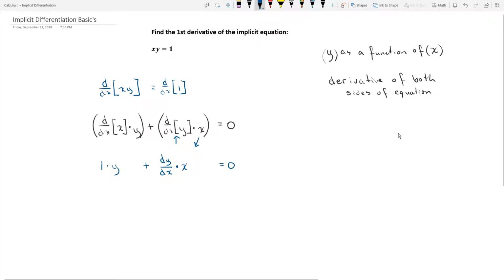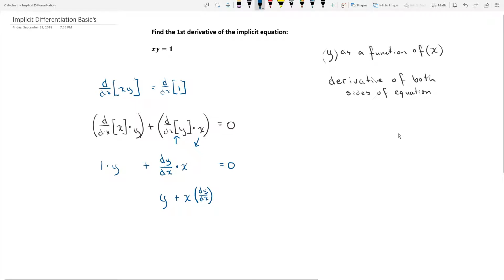So in this case, we do end up with just dy/dx times x. Now we can reduce this a little bit, and we're going to have y plus x dy/dx, the derivative of y with respect to x. Let's treat this as a term in the numerator.